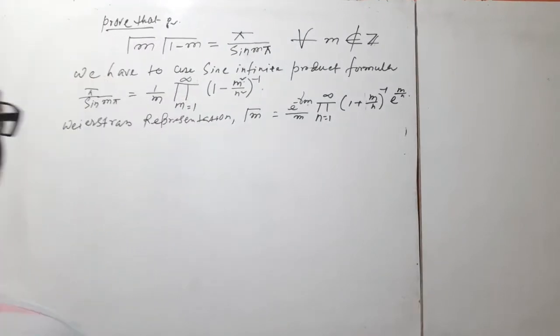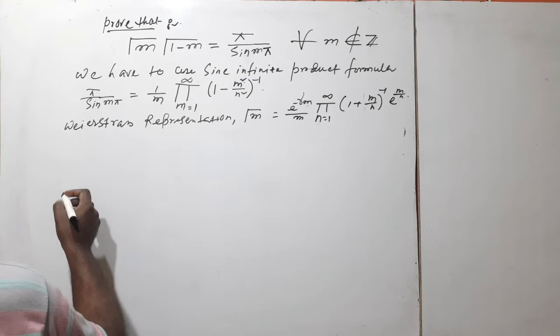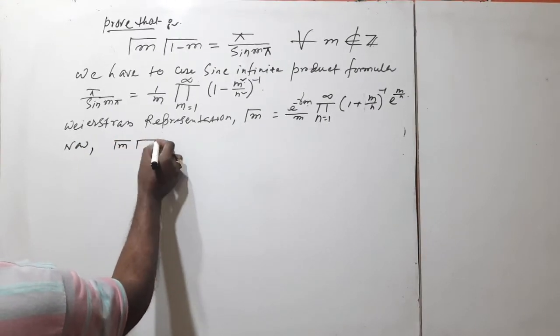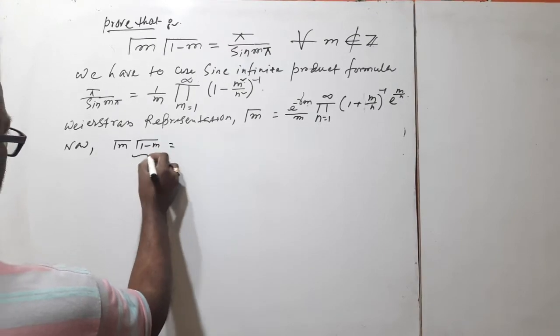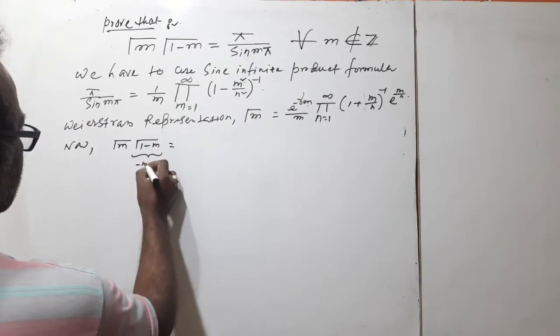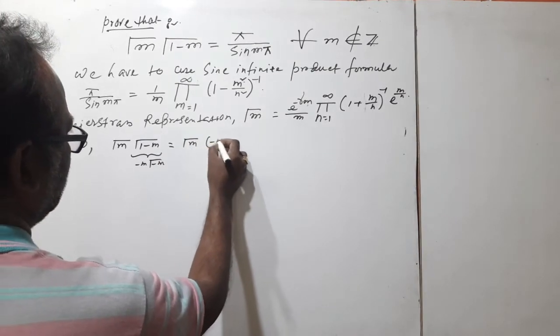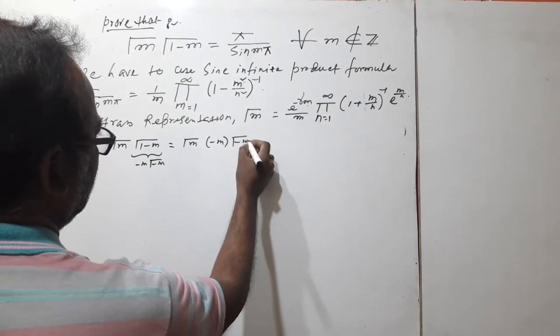So now gamma m and gamma 1 minus m. This can be written as minus m into gamma minus m, so that is gamma m into minus m and gamma minus m.